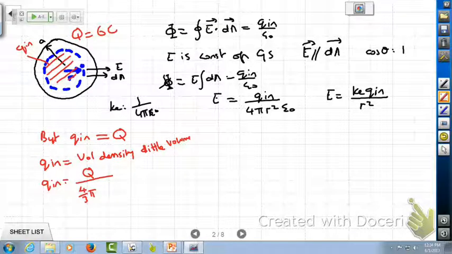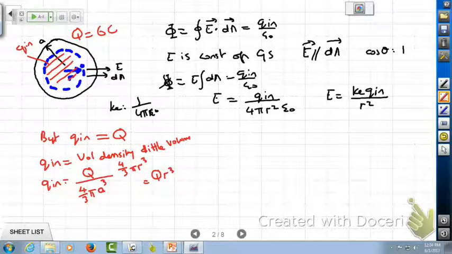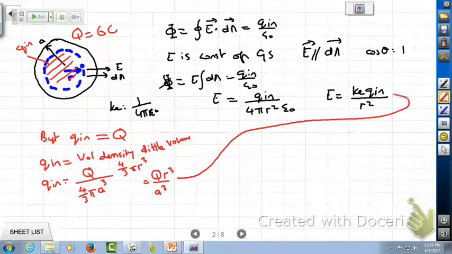It's the volume of the charge, where the radius is A. So it's 4/3 pi A cubed times the little volume. The little volume is 4/3 pi R cubed. Well, that equals Q R cubed over A cubed. The 4/3 pi's disappear.